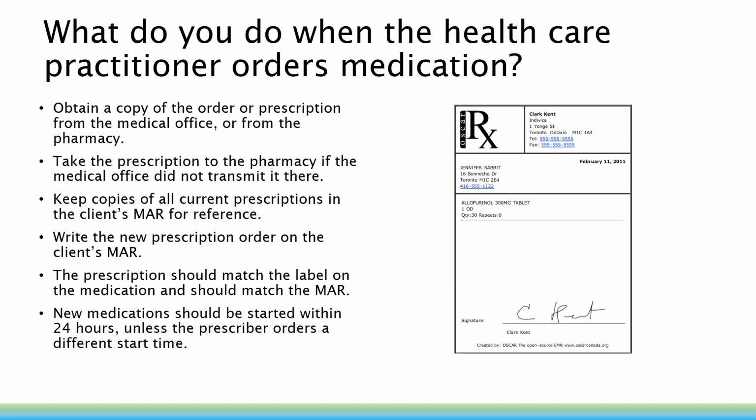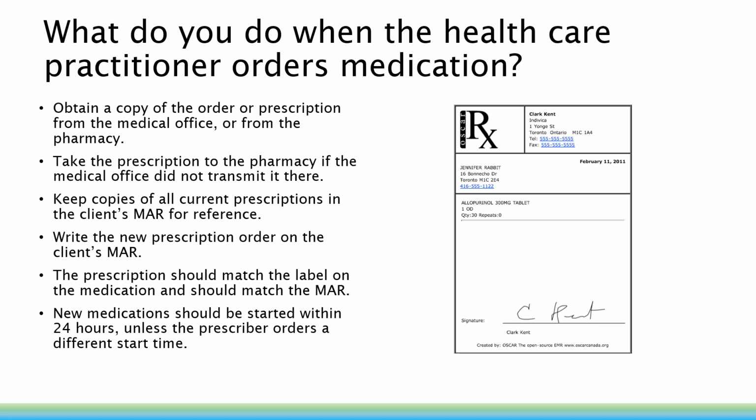What do you do when the healthcare practitioner orders medication? These are some important steps that you need to be aware of and make sure you follow. You must obtain a copy of the order or prescription from the medical office or from the pharmacy. Take the prescription to the pharmacy if the medical office did not transmit it there.